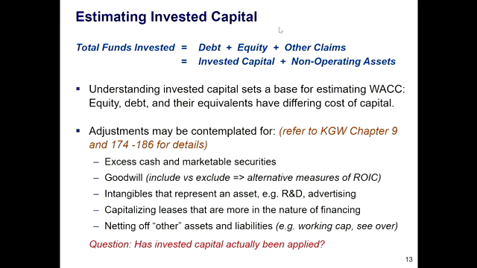And other claims might be in the form of capitalized operating leases. Operating lease is usually treated as debt because it's a capital commitment. You have to pay, for instance, $98 million in the next 12 months, so that you have the use right of this retail shop.